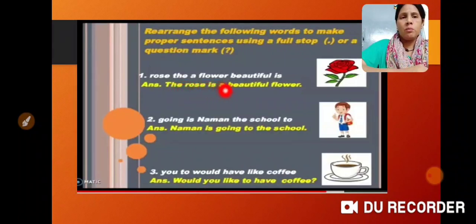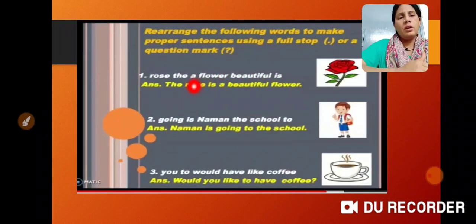The rose is a beautiful flower. After rearranging the group of words, we get the following sentence, and that is, the rose is a beautiful flower. Now it is making a complete sense, and now this is a sentence.